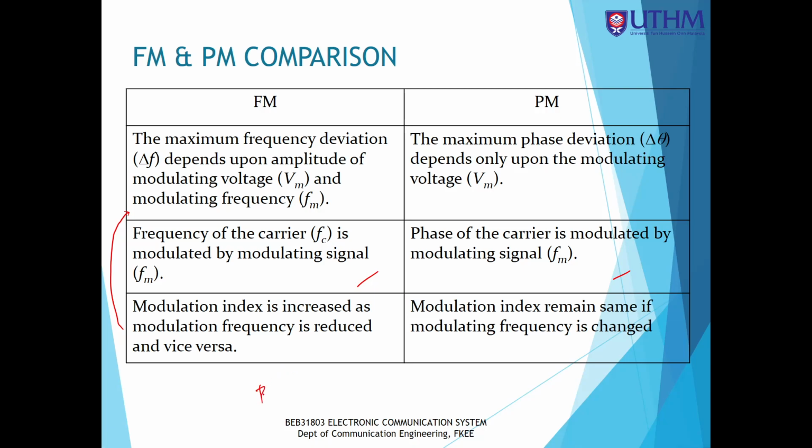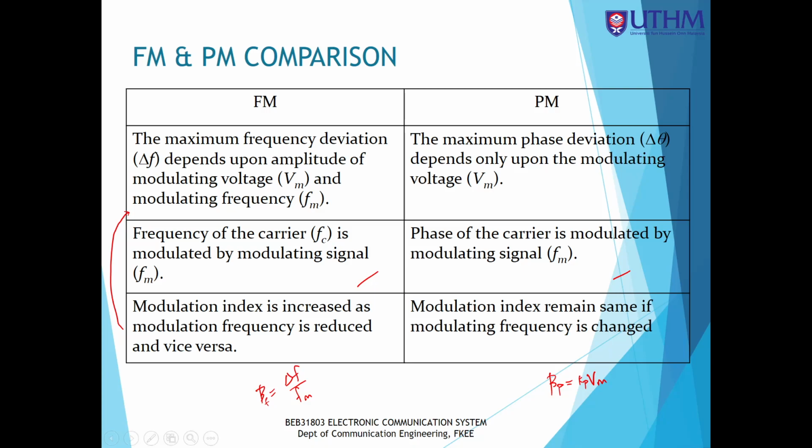So beta is equal to delta F over the modulating frequency. If the modulating frequency is higher, that means beta would be smaller. While for PM, beta P is equal to KP VM.